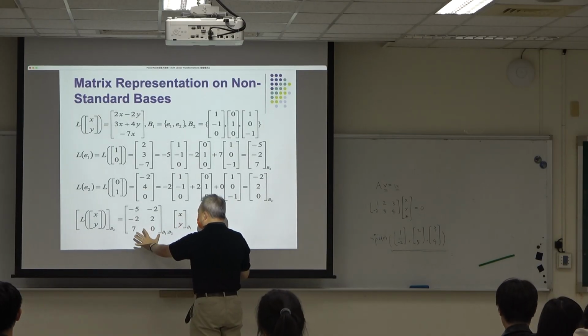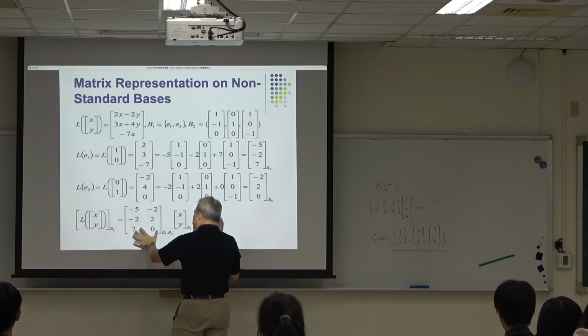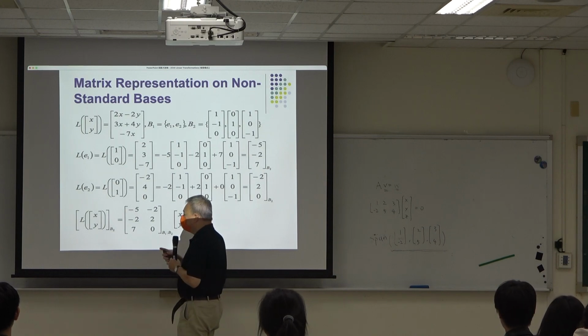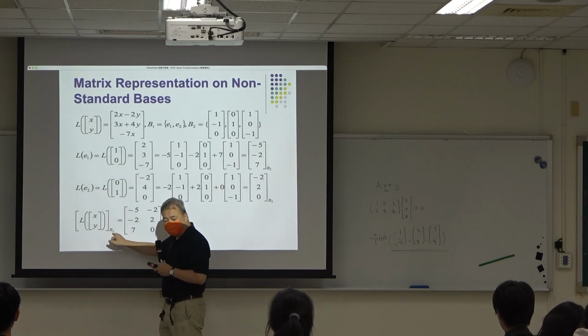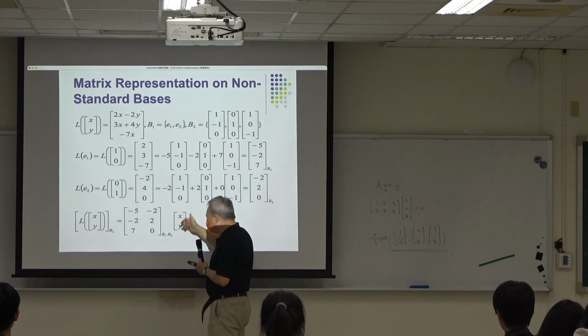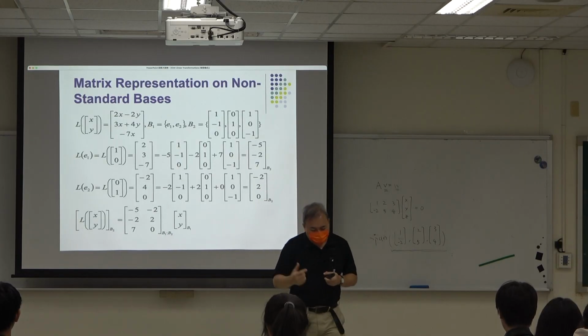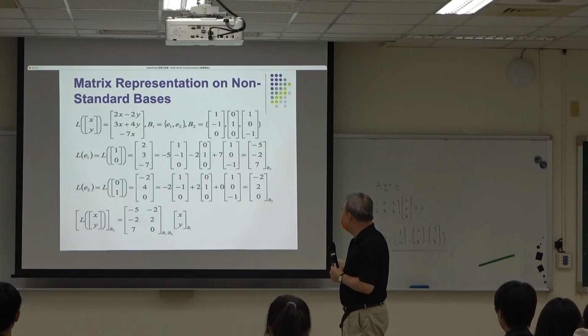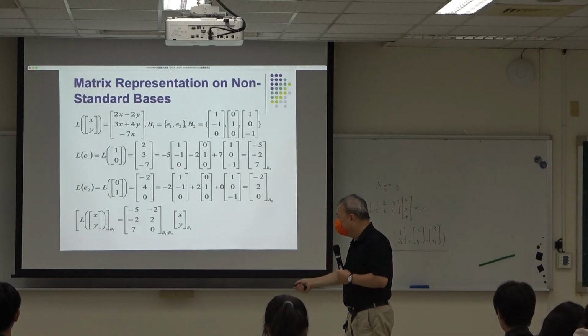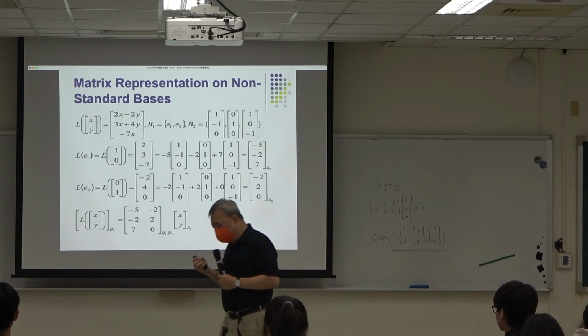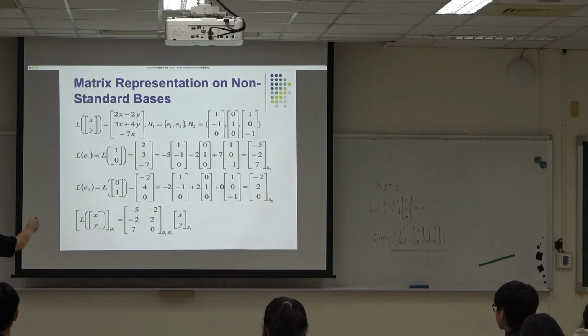If you apply this linear transformation and want to represent the result in the basis B2, then you get the coordinates with respect to B2. So you can see this is the same linear transformation: the previous one, this one, and this one. But when you consider different bases, you are going to represent this linear transformation differently.